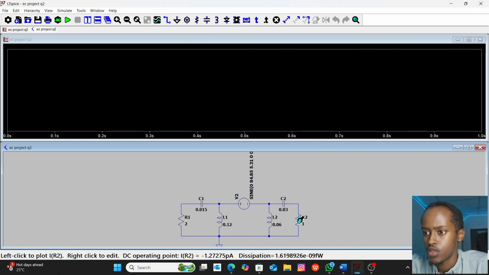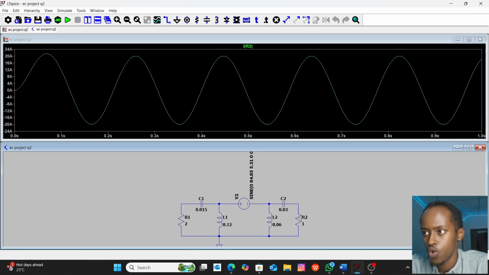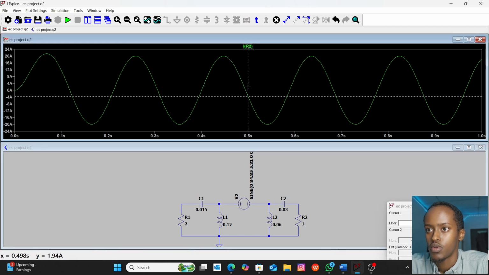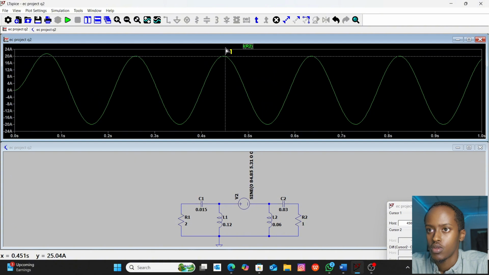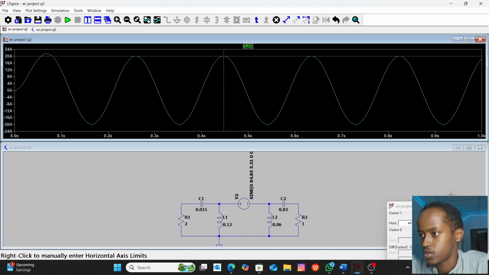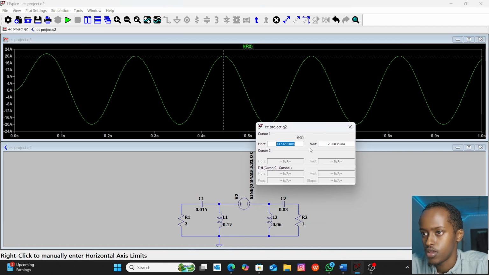When we run it, we need to verify that the given current Io has an amplitude equal to 20. Yes, here it is, and the amplitude equals 20.